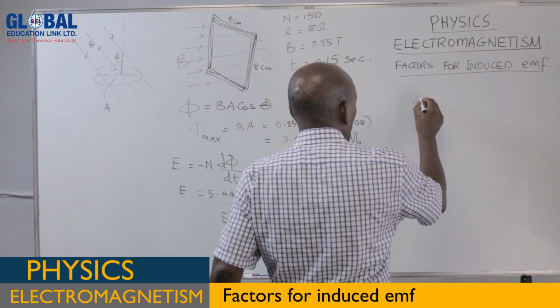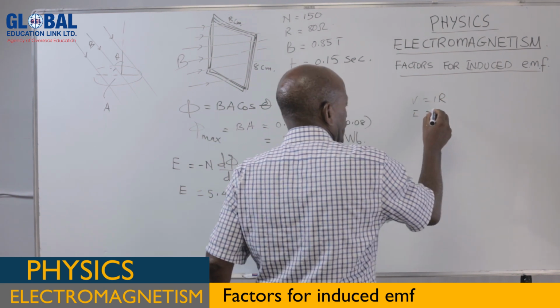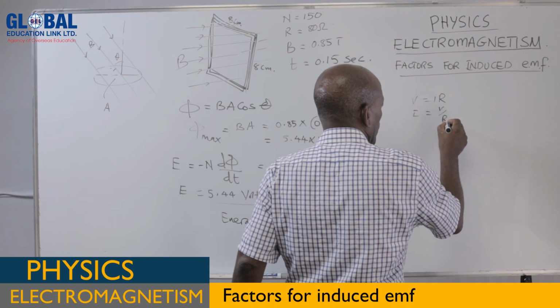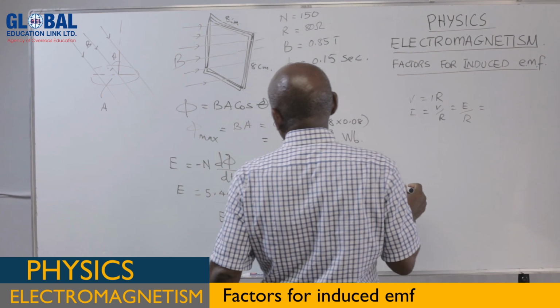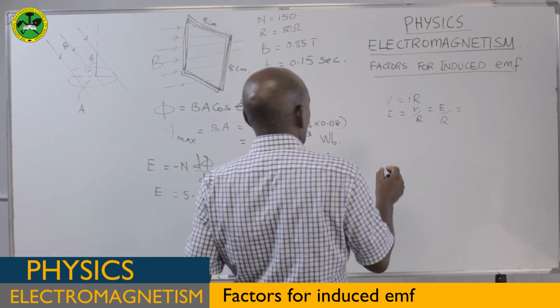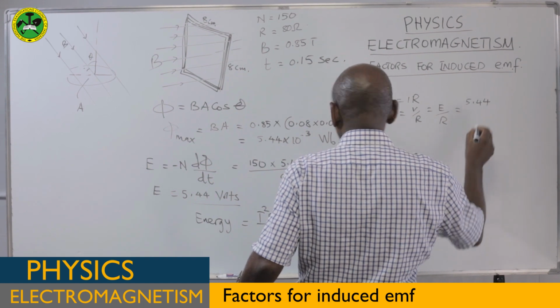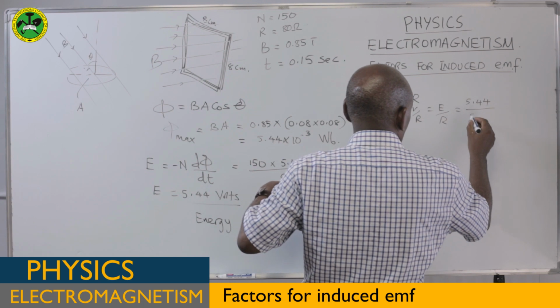From Ohm's law, V is equal to IR, so the current I is equal to V over R, which is the EMF divided by R. The EMF is 5.44 volts, and we divide it by the total resistance, which is 80.